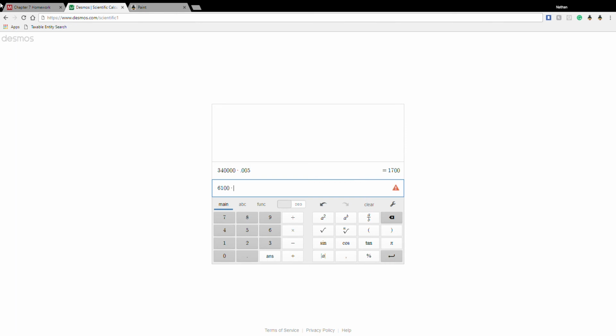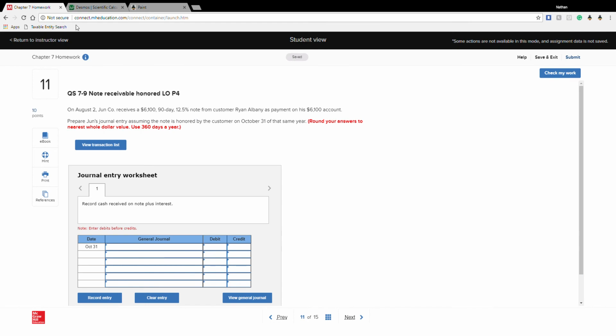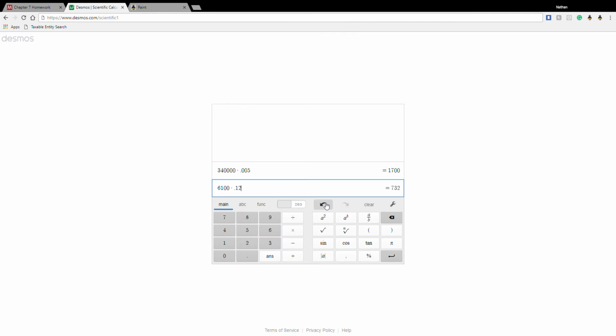And you're going to times it by the interest of 12.5, so 0.125. And then we're going to times it and put this in parentheses, 90 divided by 360. Okay. Again, we don't do 365. We only do 360.